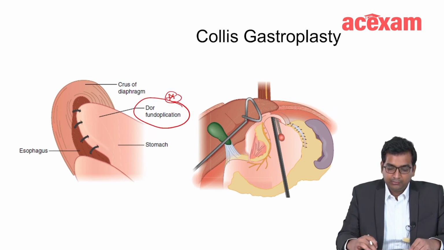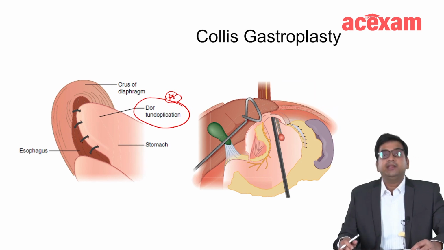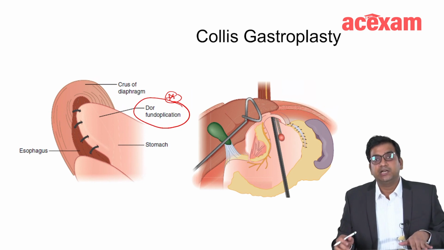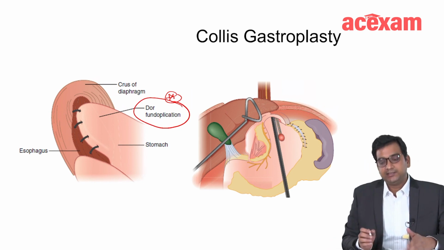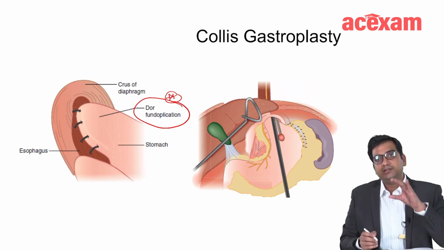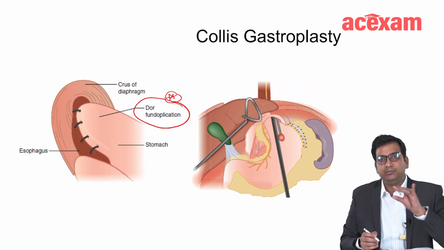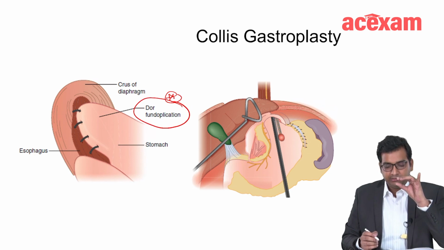Now coming to a very important problem which is frequently encountered during surgeries for GERD. As I have already told you, incompetent LES is associated with short length of the lower esophageal sphincter and short length of intra-abdominal esophagus.